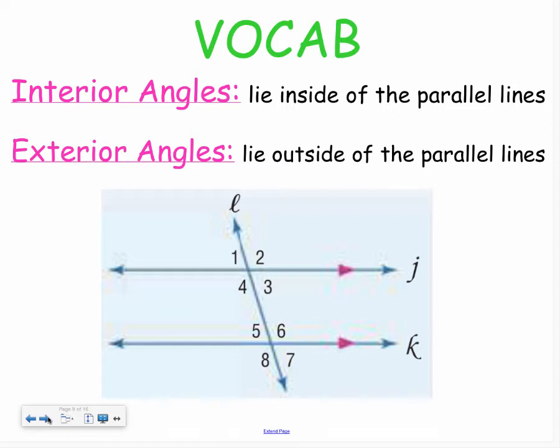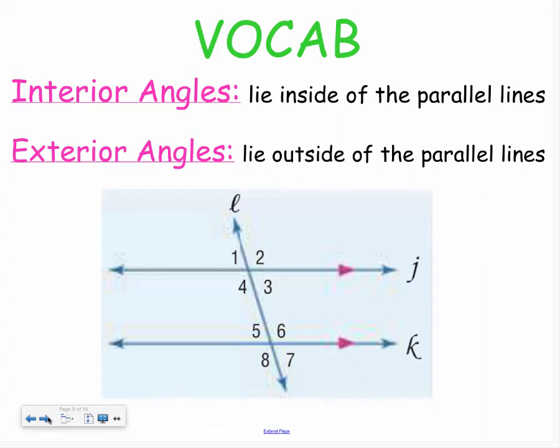First, we are looking at the interior angle. Interior should remind you of inside. That's the key word for where those angles are at. So the interior angles, if we look at these lines, which ones are inside?